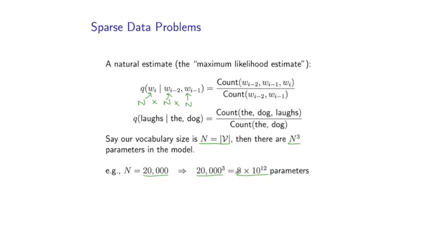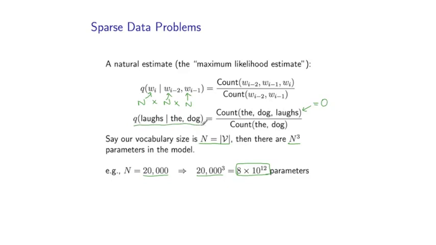This is going to be a very large number in comparison to the number of training examples that we have. And this manifests itself in the following way. In many cases, this count on the numerator may be equal to 0, because we simply haven't seen this particular trigram in training data. And in that case, this estimate will be equal to 0.